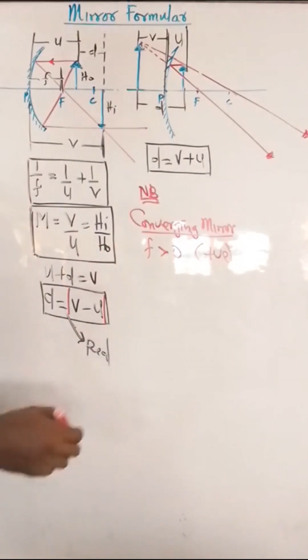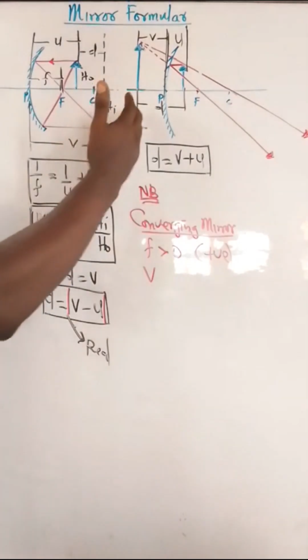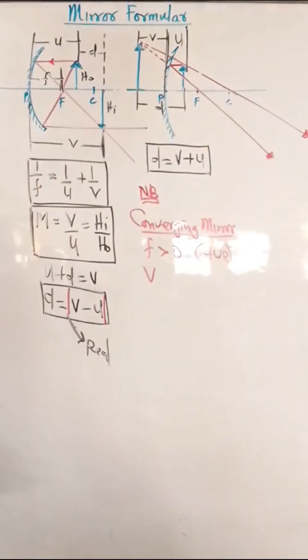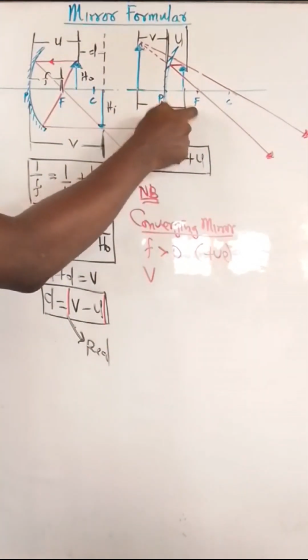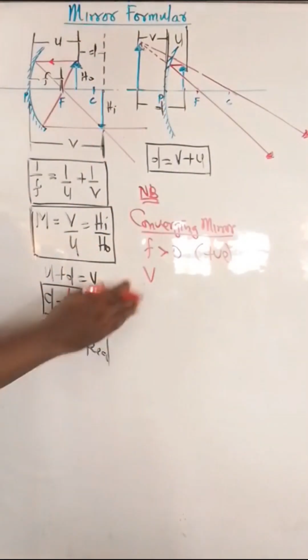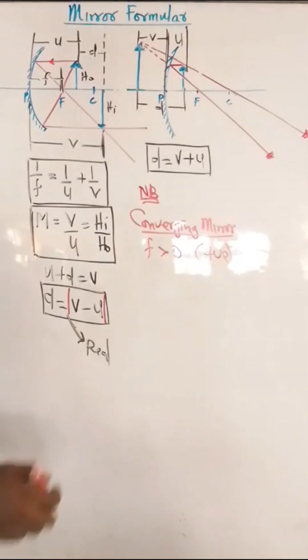Then the image distance is most times positive, meaning the image is formed at the front in this case, except for the case when the object is between the pole and the principal focus, where it's going to be formed at the back.